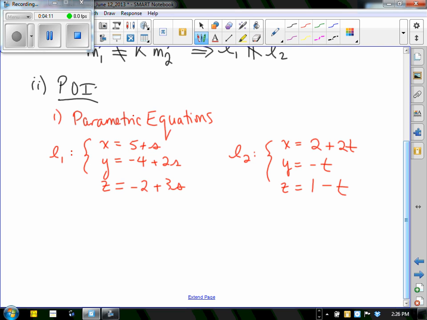Now the second part of our process is to equate, or set equal, our x's, y's, and our z's.